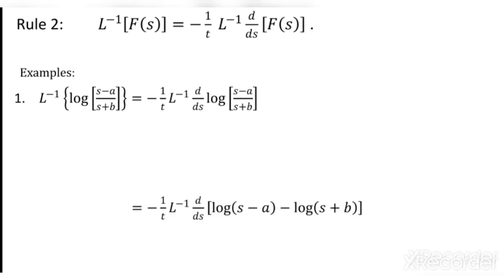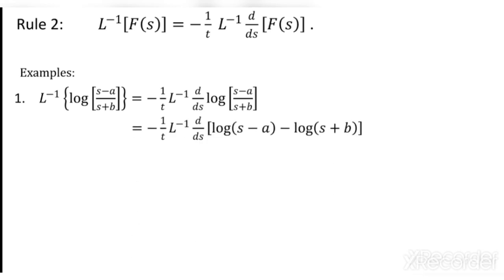Then differentiate, we get d by ds of log of s minus a is 1 over s minus a, and log of s plus b gives 1 over s plus b, for which we can get L inverse directly. Is it correct?